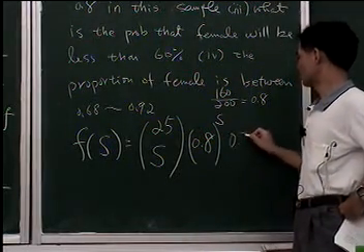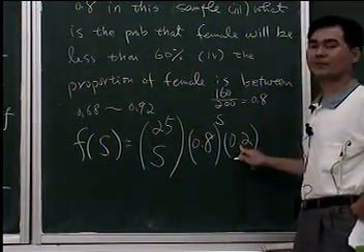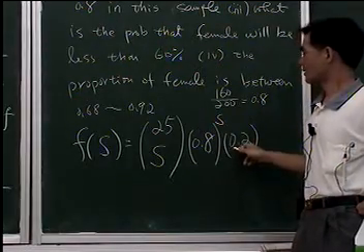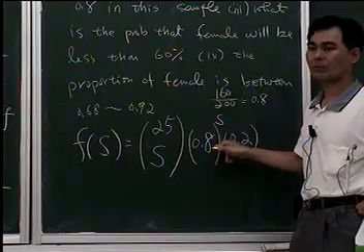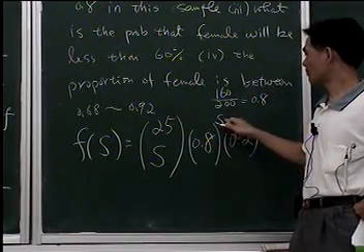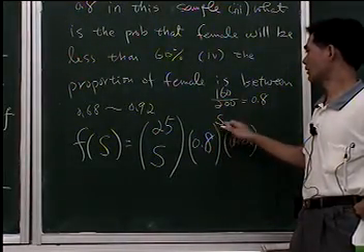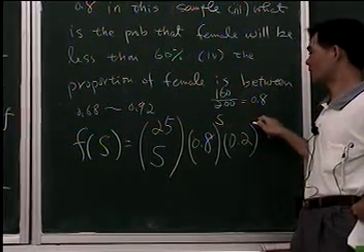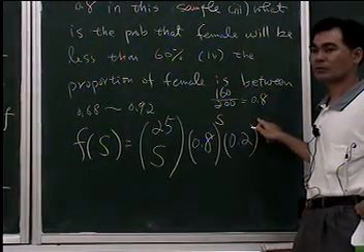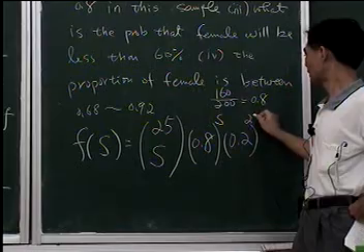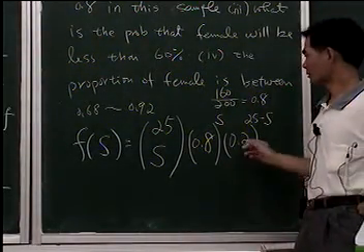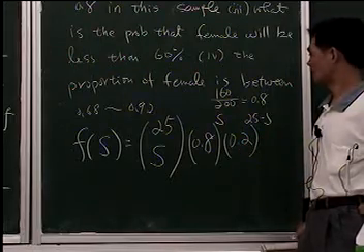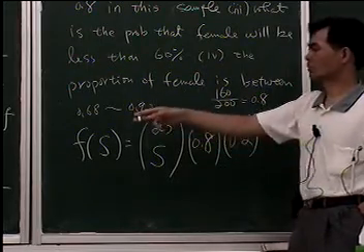And this one is the number of male, because it's either or. If the number of female is S, what about the number of male? It should be 25 minus S, right? So this is the answer for the first question.